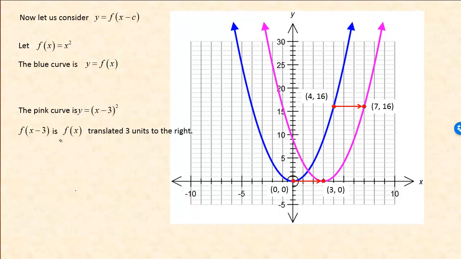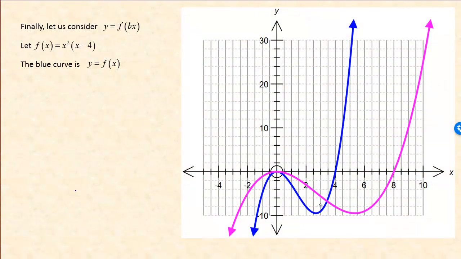F of x minus 3 is f of x translated 3 units to the right. In general, f of x minus c is f of x translated c units to the right. So if this is a negative c in here, it's going to move to the right. If you had a plus something, it would move to the left.